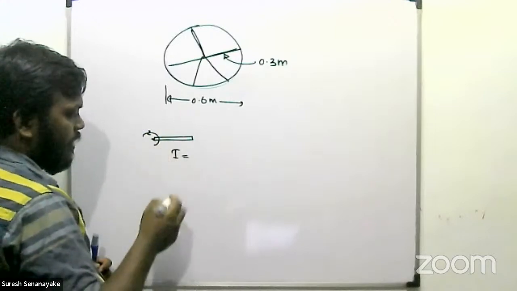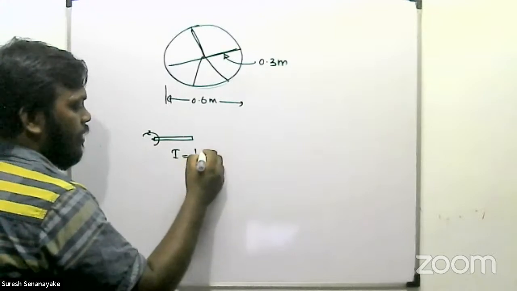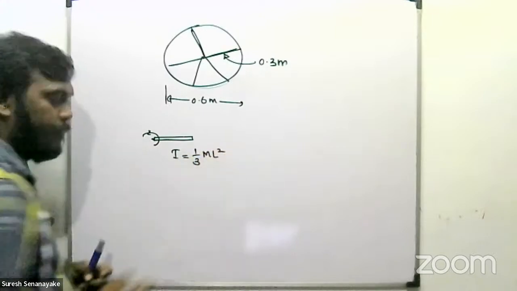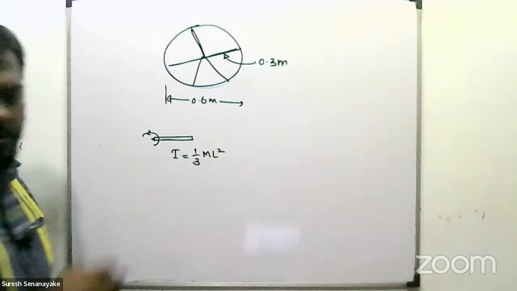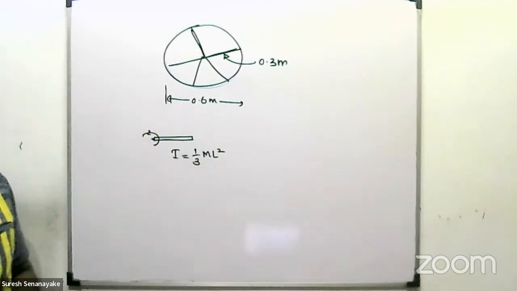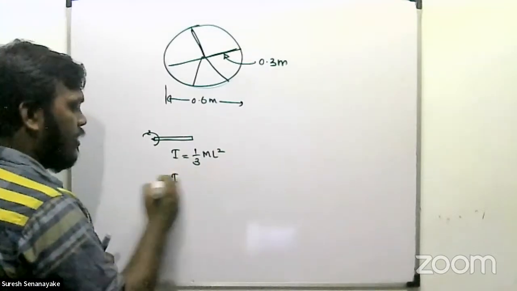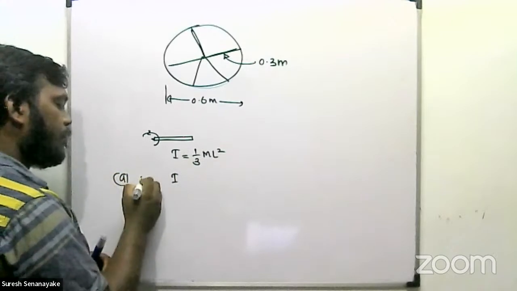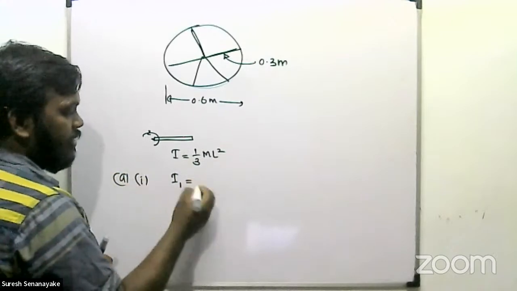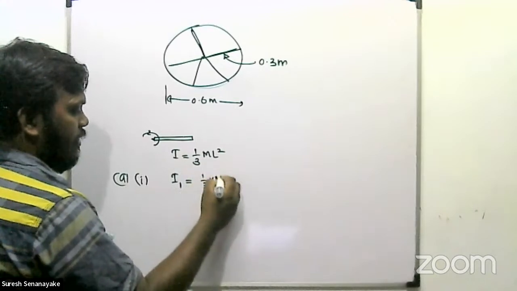So for a moment of inertia, for a rod rotating about the axis passing through its edge, you can write 1/3 of m L square. When it is passing through the center of gravity, it is 1/12 m L square. Now it is about the edge. So you can write part A, Roman one, let's say this is I1, equals 1/3 m L square.